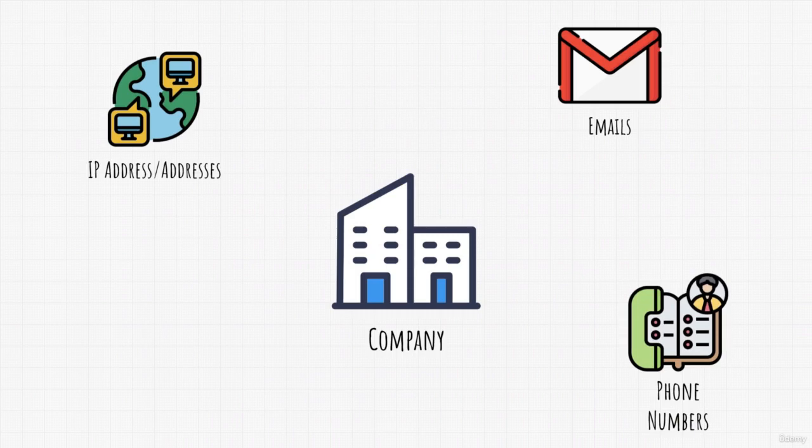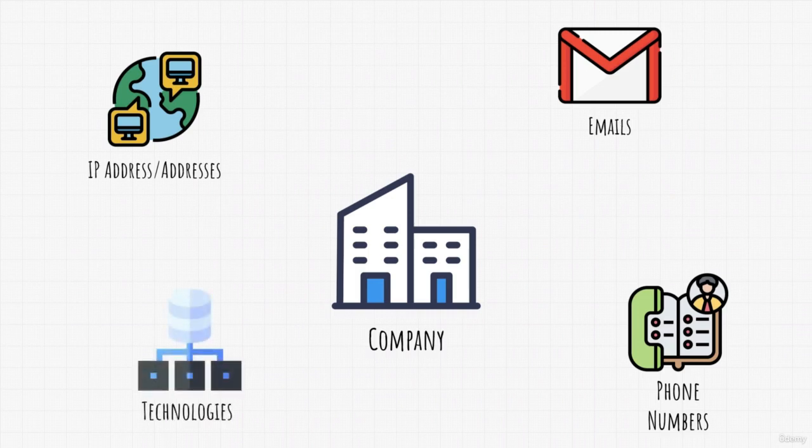But most importantly, and what we're mainly interested in, are the technologies that the target has. If it was a company, we would want to know how many networks they have, what software is running on their machines, and what operating systems they have. If it was a website, we would also want to know how that website was built and which programming languages it has. Does it have JavaScript or PHP, for example?